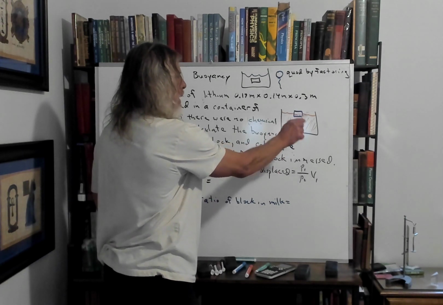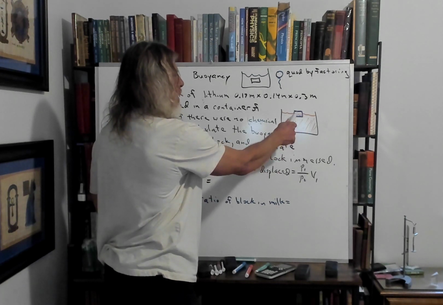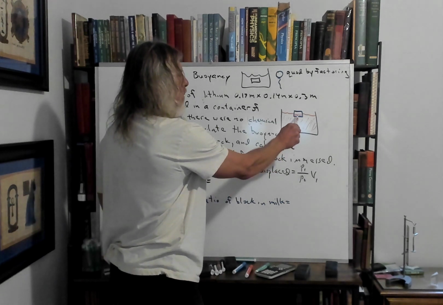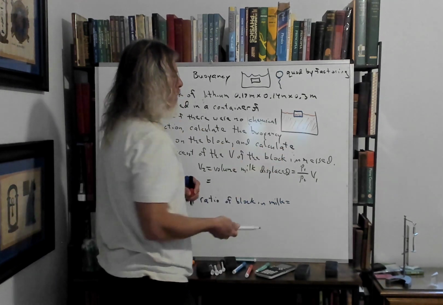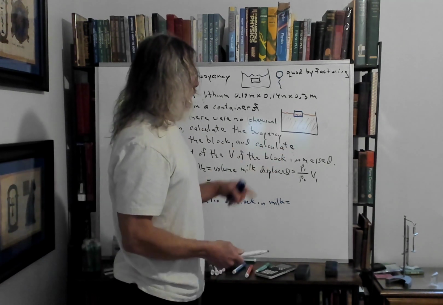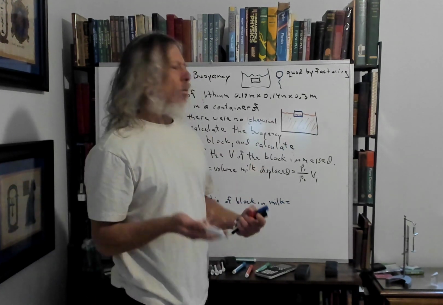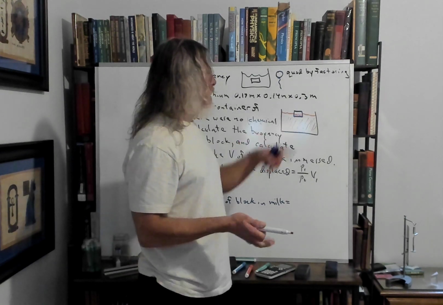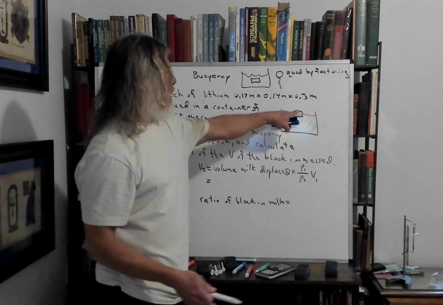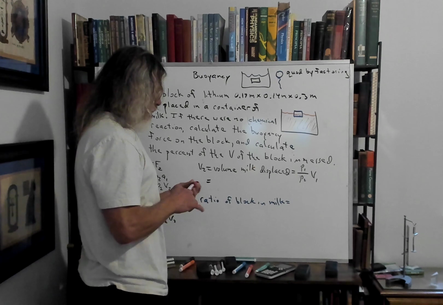So that's the volume of water relevant to pushing on this thing. So a volume of milk is pushed out of the way. The density of milk times this volume is the mass of milk relevant. And that mass times g is the force acting on this thing. Okay?